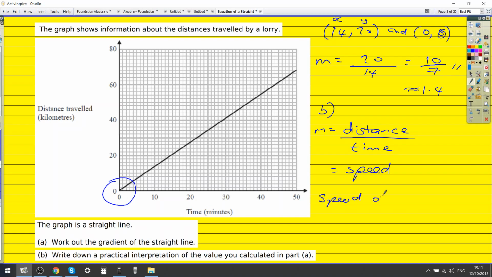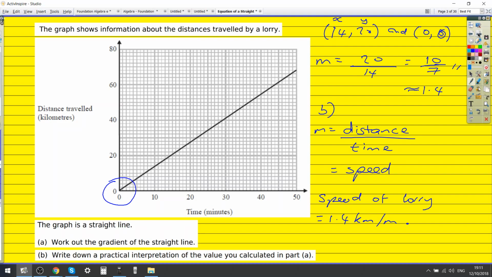Okay. Speed of lorry. Any idea what the unit would be for the speed? For speed, would it be kilometers per minute? Well done. Speed of lorry equals 1.4 kilometers per minute, approximately. Or it means every minute the lorry travels 1.4 kilometers, something like that.